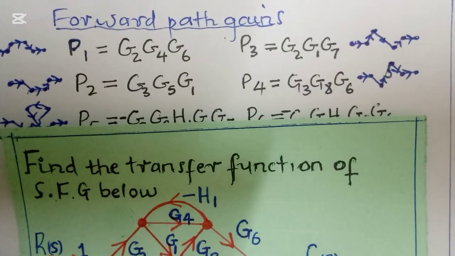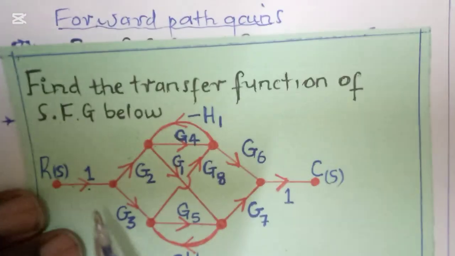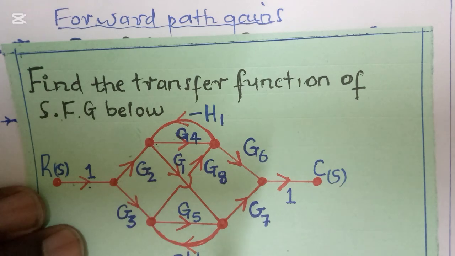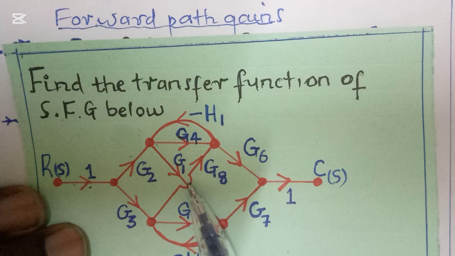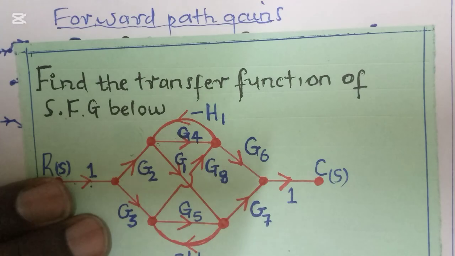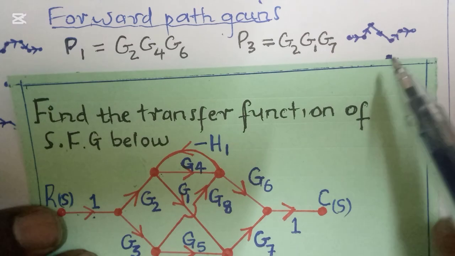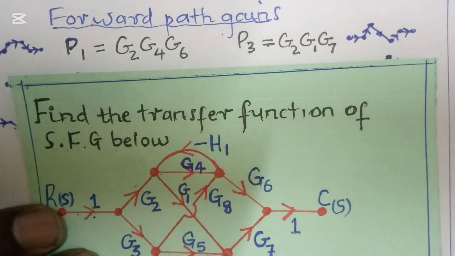Then we have path 3. For path 3, we use this route. We go 1, G2. Let me look at it very well. It's actually G1, G7. And that is given by this path: G2, G1, G7.